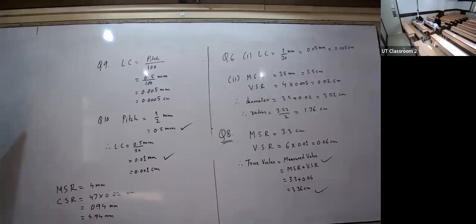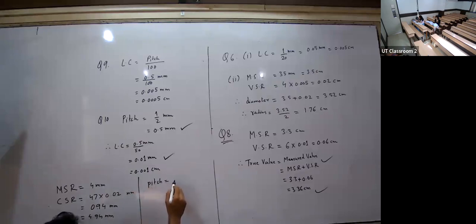Did you do it? So what do you have to find out? What should be the number of divisions? So pitch is equal to 0.5. No, what is the formula?